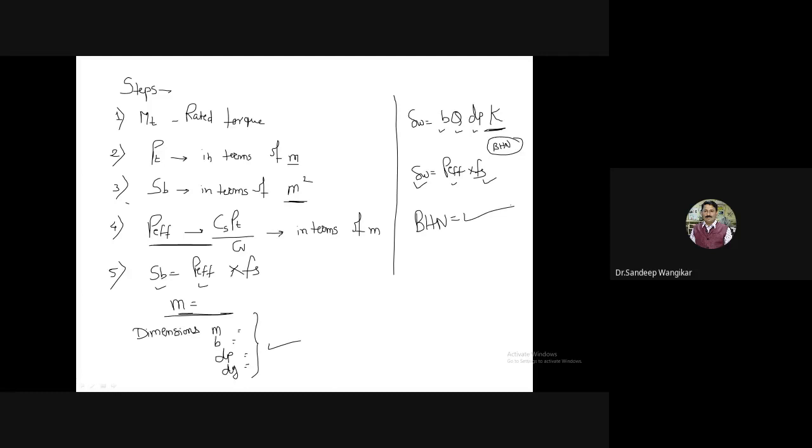So first assume number of teeth are not given. So I will assume that number of teeth for 20-degree full depth involute system, you can assume 15, 20. So I will assume here ZP, number of teeth on pinion, as 18 for 20-degree.